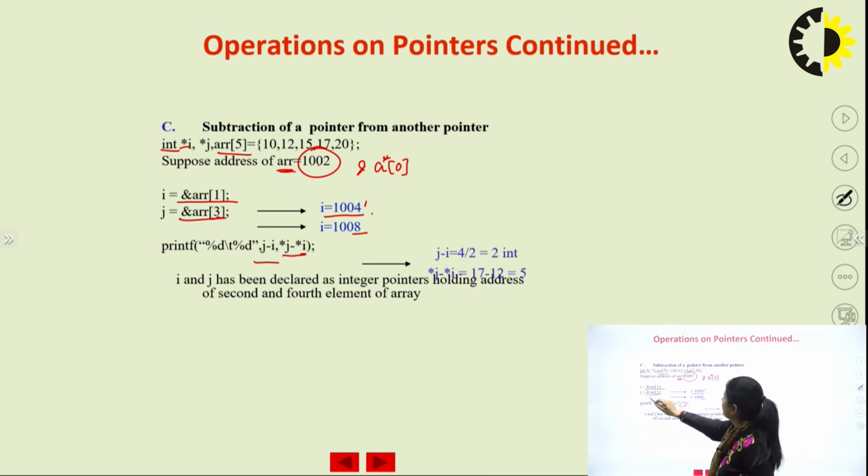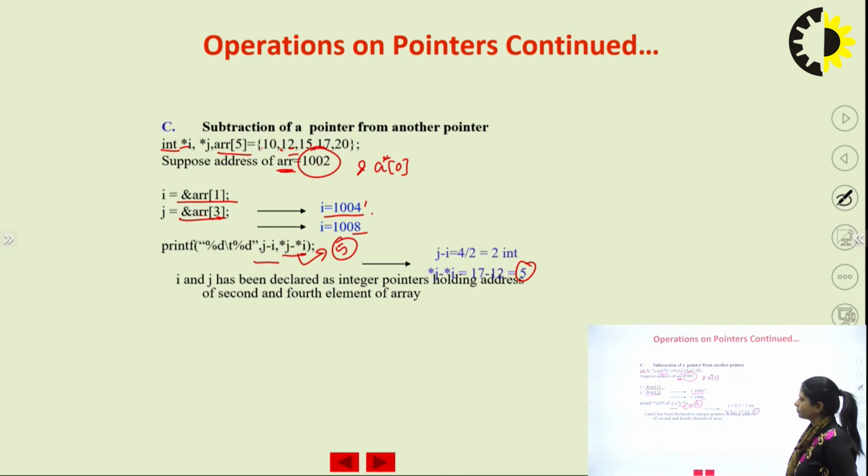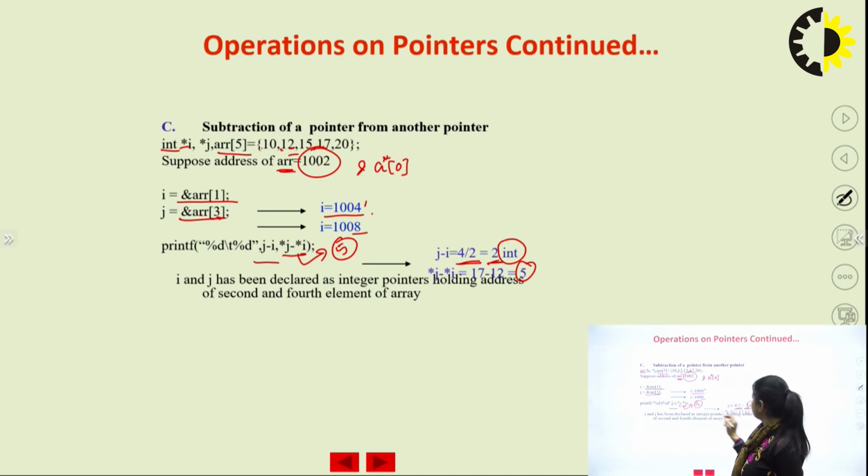Whatever value was available at this position of the array, say 17, and it was 12, it must return 17 minus 12, that is 5. So, we can see over here j minus I is 4 bytes divided by 2 bytes, that is 2 in case of integer. The value at this says 5.